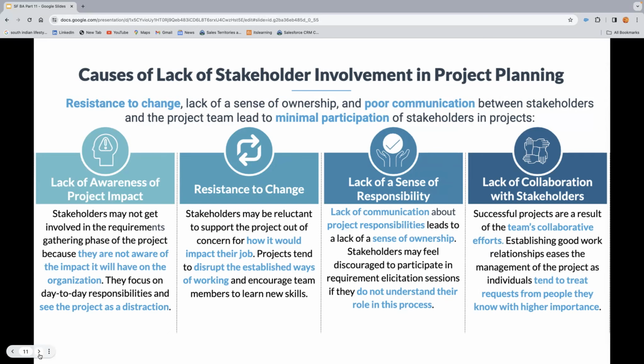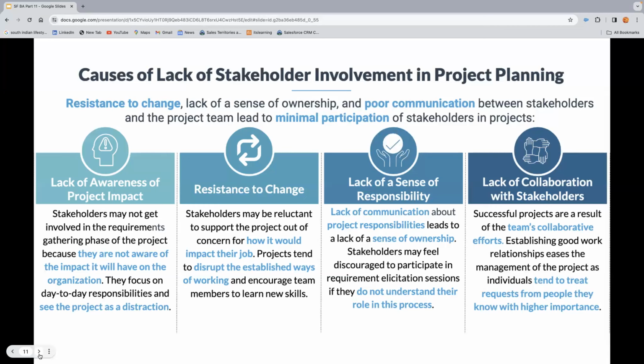Resistance to change. Stakeholders may be reluctant to support the project out of concern for how it would impact their jobs. Projects tend to disturb the established ways of working and encourage team members to learn new skills.